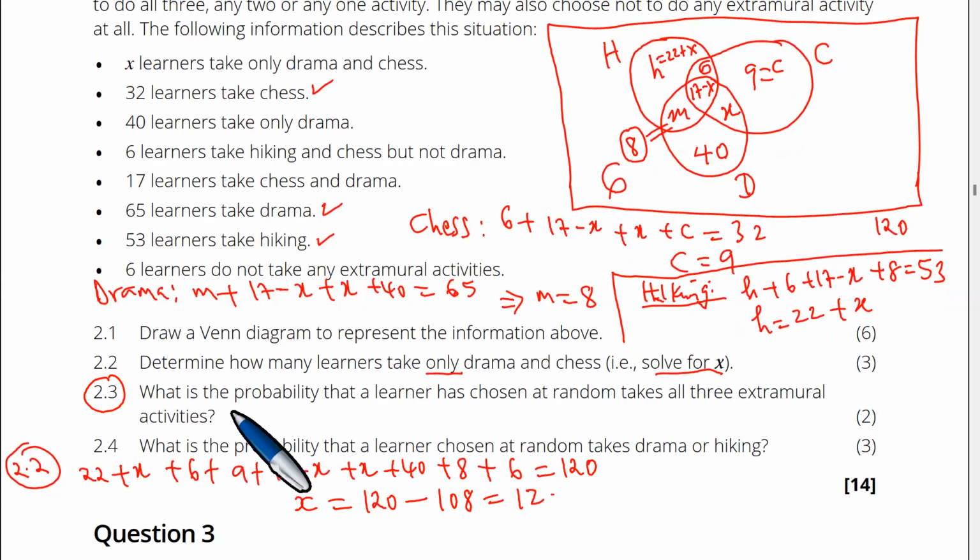So here we're dealing with the probability of all 3 activities. Okay, so the probability of all 3 activities will become what?